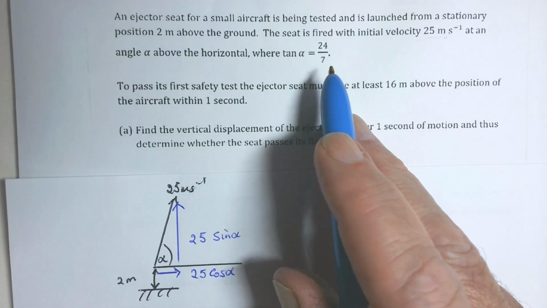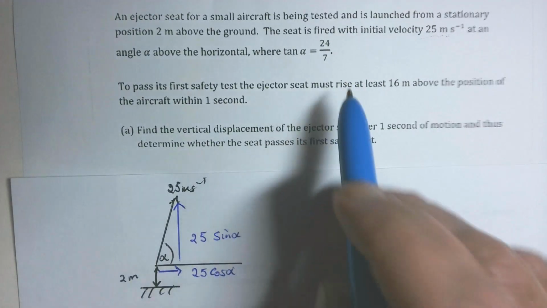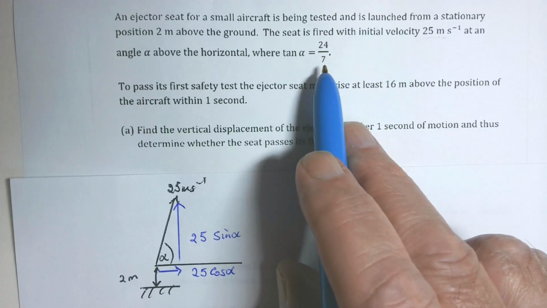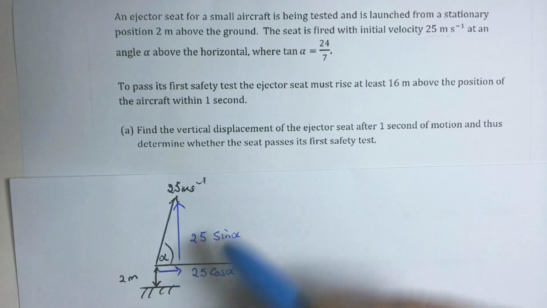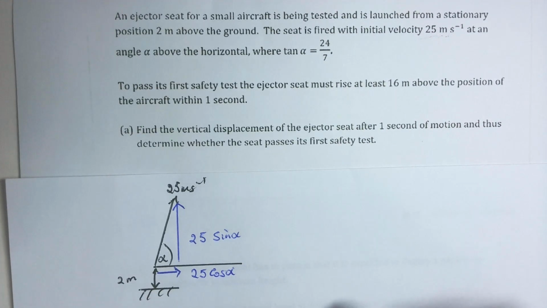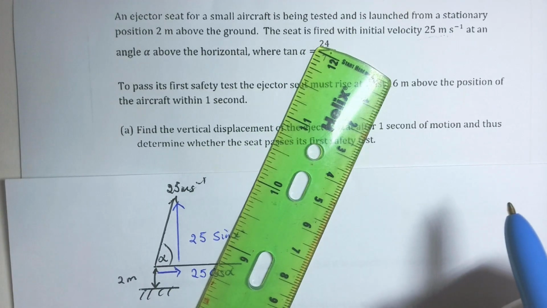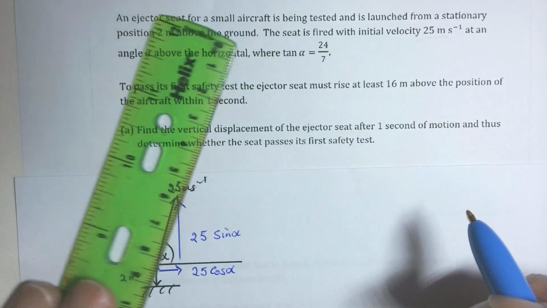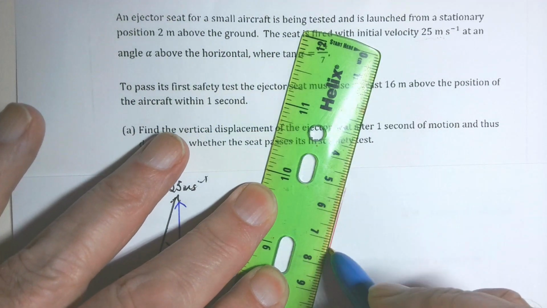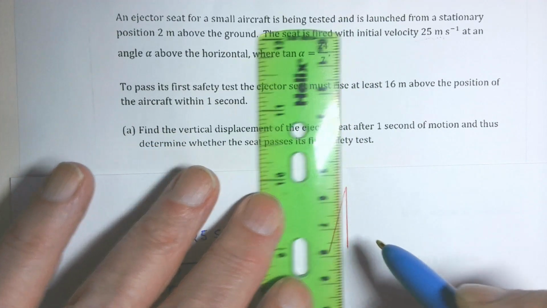Now, the thing to remember is I'm not going to use inverse tan of 24/7 and then look up sine and cosine of that angle, because we can immediately get sine, cos, and tan if we just draw a triangle.